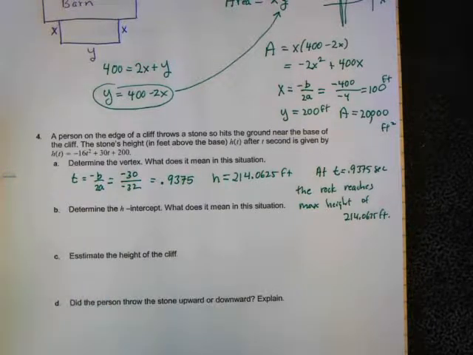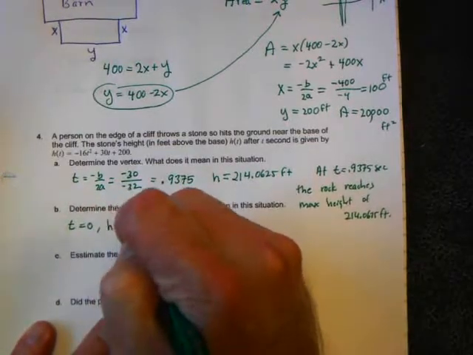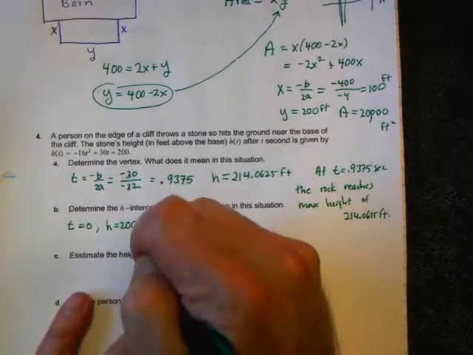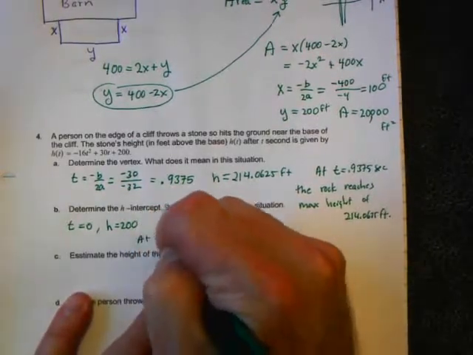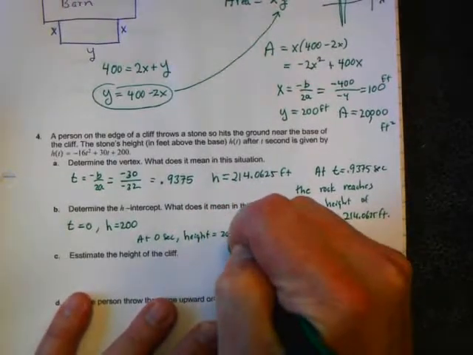Determine the h-intercept. How do you determine the h-intercept? And how do you get that? You plug in 0. So t equals 0, h equals 200. What does that mean? At 0 seconds, height equals 200 feet.